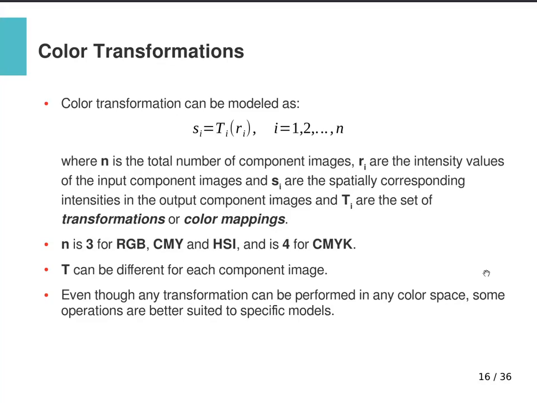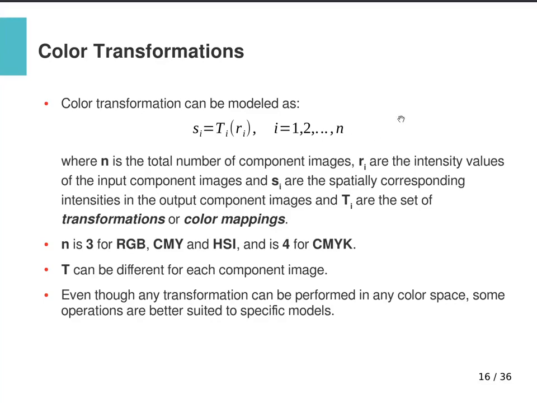Now that we have learned how different color models can be represented, let's start with a basic set of transformations. These are the transformations that we saw in the earlier lectures of the course. The color transformation can be modeled as this simple equation: Si equals Ti of Ri, for i changing from 1 to n.